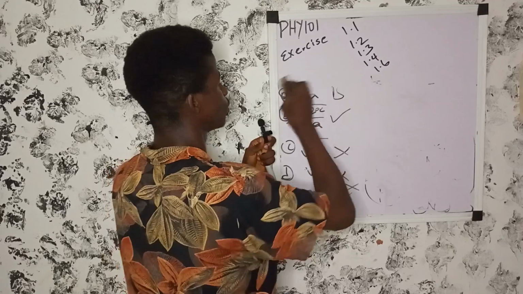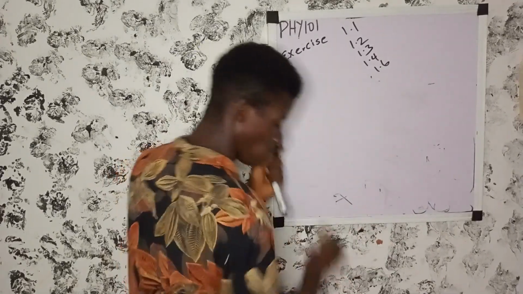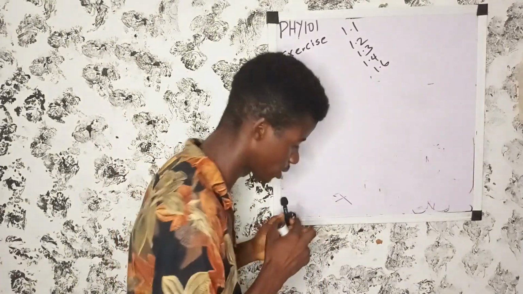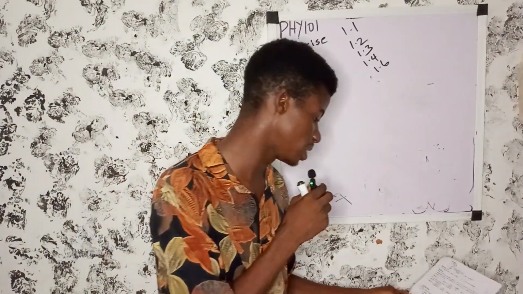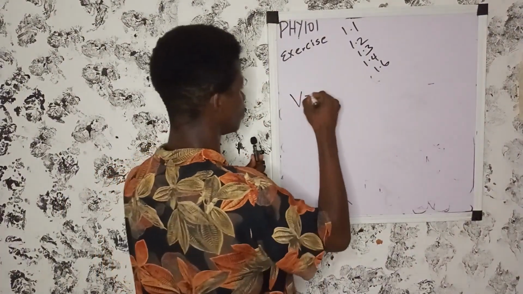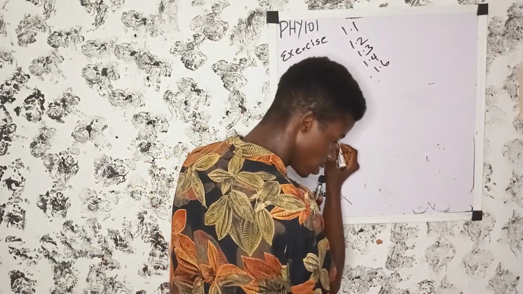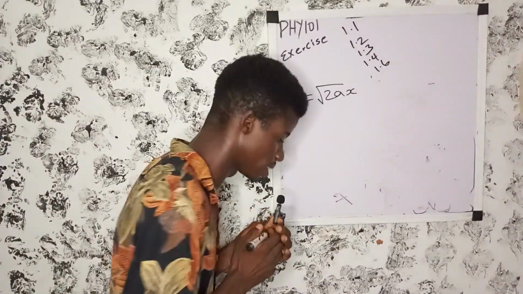Okay, so let's move to exercise 1.4. They said one student using unit analysis says that the equation v equals root 2ax is dimensionally correct.